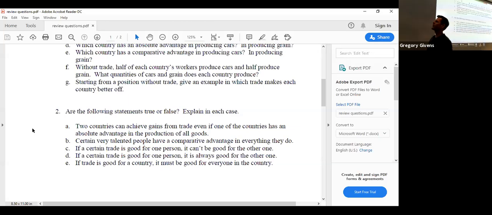C, if a certain trade is good for one person, it can't be good for the other one. If a certain trade is good for one person, it can't possibly be good for the other. True or false?